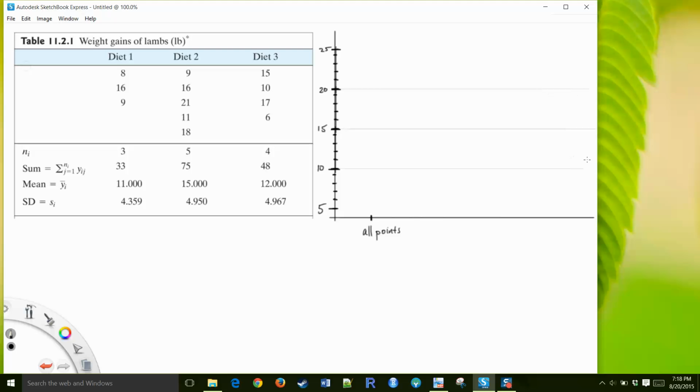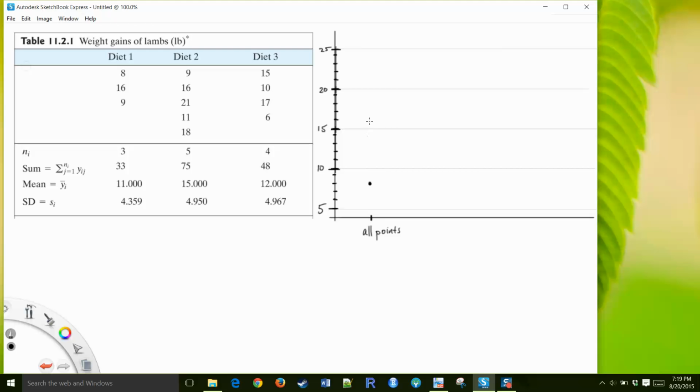This one gained 11, and this one gained 18. Then this one gained 15, that one gained 10, that one gained 17, and this one gained 6.